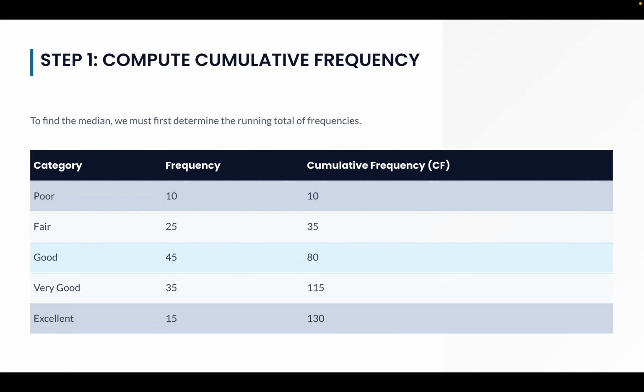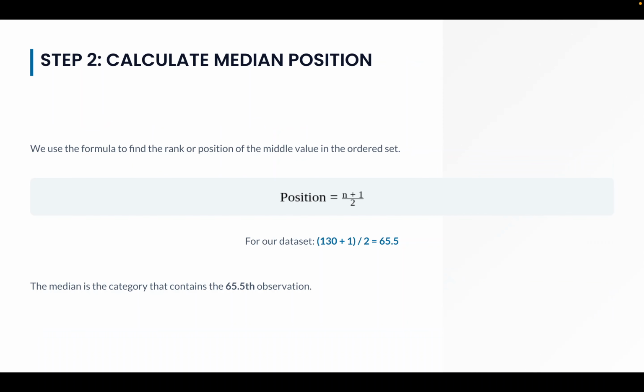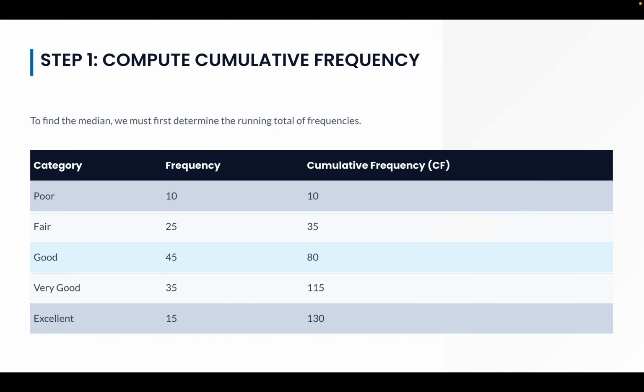Let's go back to our cumulative frequency. We got 65.5, so we just have to find where that value falls. As you can see, there's a gap between good and very good, 80 and 115.